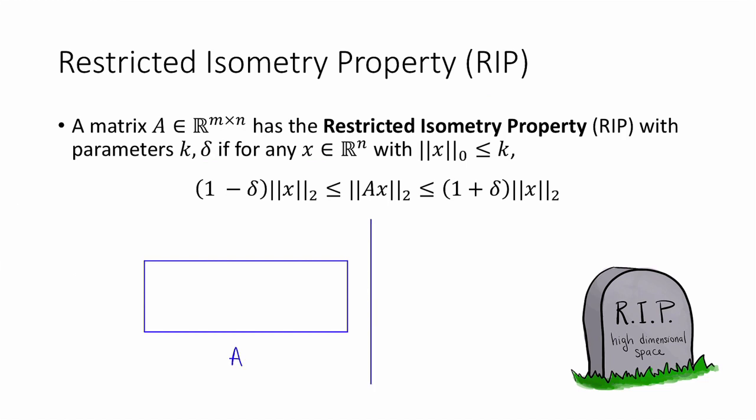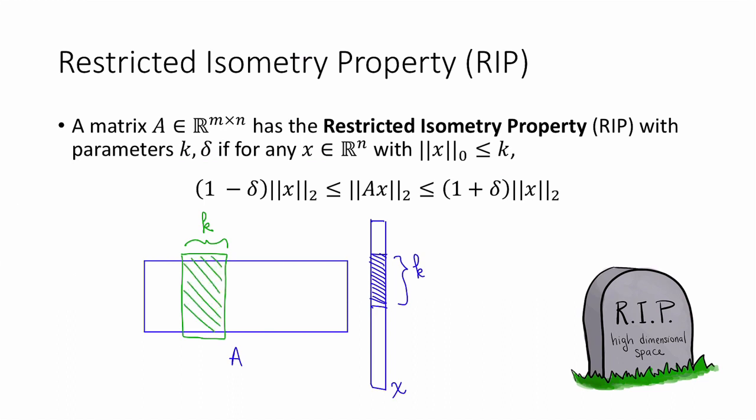If I multiply A by some k-sparse vector x, let's say that this is the support of x, it has size k, then I'm restricting my attention to the corresponding k columns of A. And the restricted isometry property says that this m by k matrix is an approximate isometry of R^k into R^m.